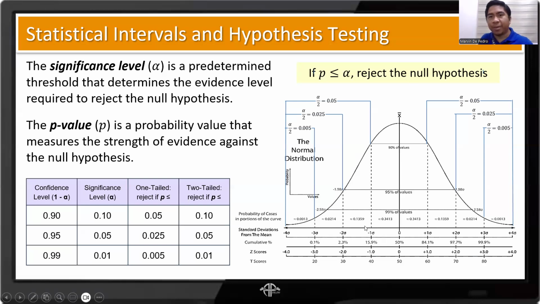I hope you can see my cursor. And our significance level says that we exclude this portion, this last left tail. This is what we call a left tail. So we exclude this portion, and the portion on the right tail is also excluded.